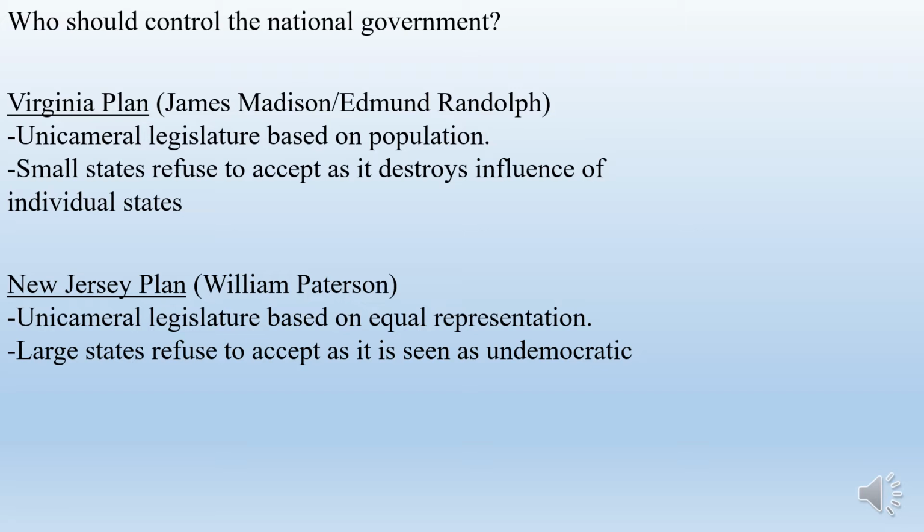Why should a state like Delaware, which has a very small population, have the same amount of power as a state with a population as large as Virginia or New York or Pennsylvania? This was a heated debate, and many people in the Constitutional Convention began wondering if a compromise could be worked out.